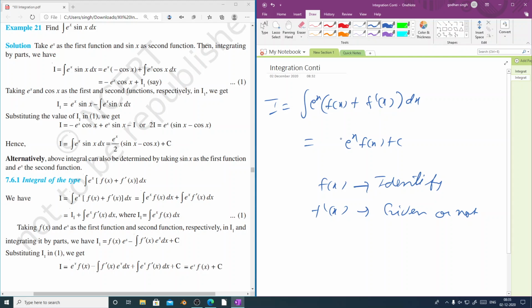That is, the integration of e raised to x (f(x) plus f dash x) dx is e raised to x f(x) plus c. So now we will go to the exercise of this topic.